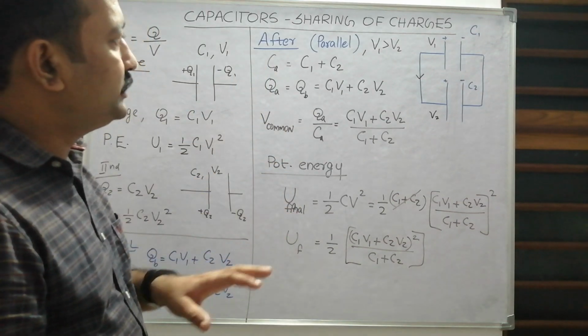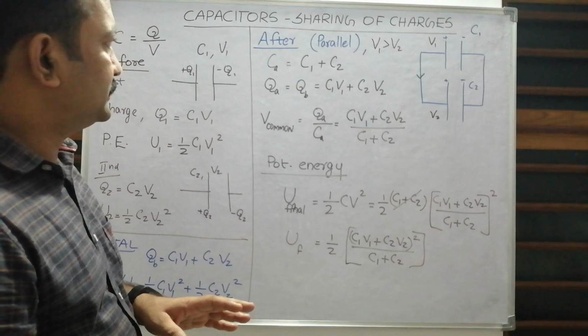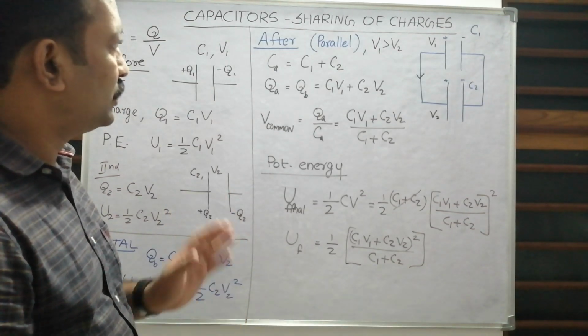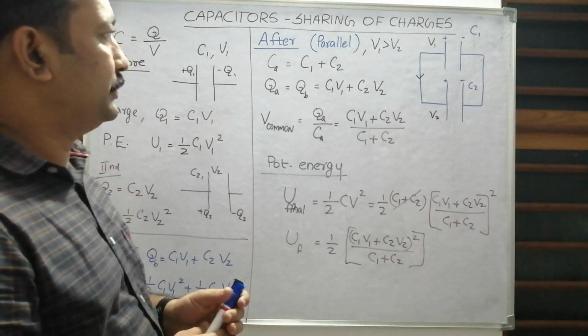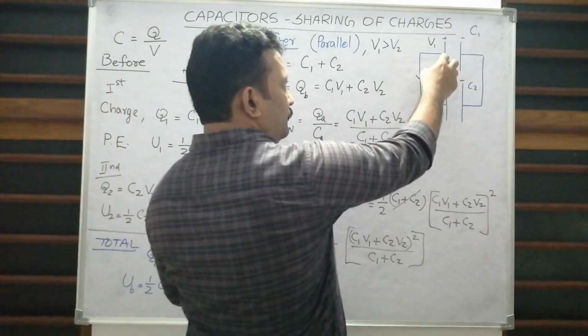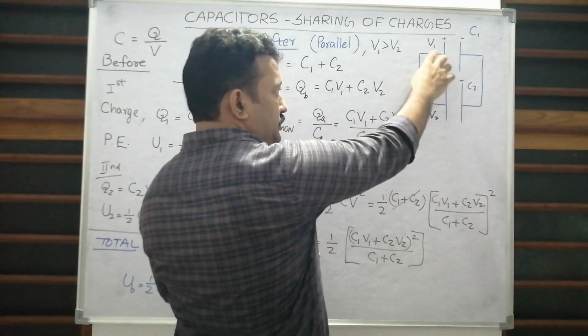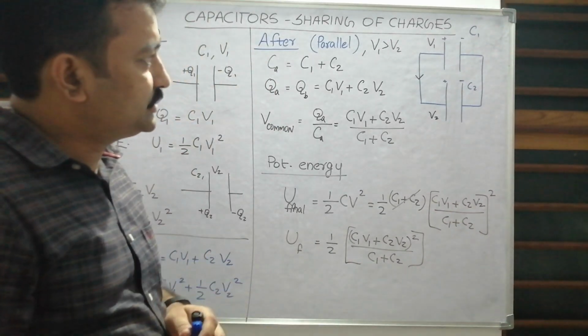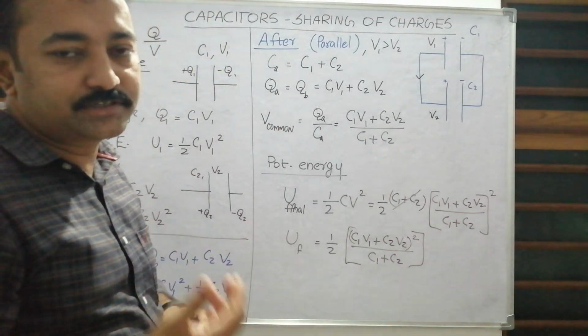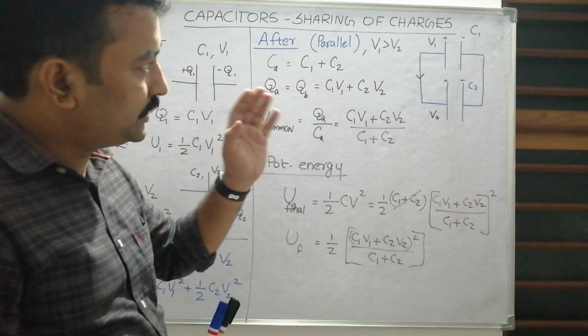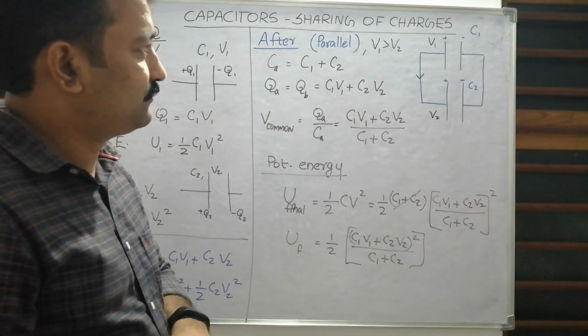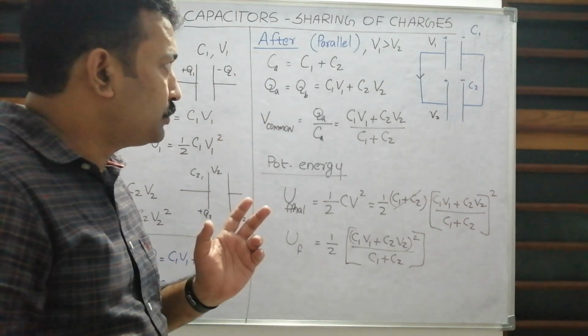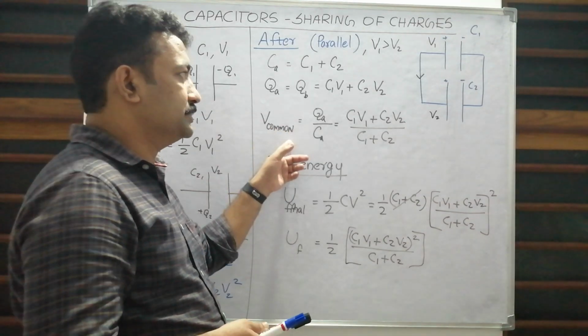When it is connected, charge will definitely flow from the higher potential to the lower potential through the connection wires. If there is a flow through the connection wires, we call it an electric current. That means there is an instantaneous current flowing, till the moment they attain a common potential.